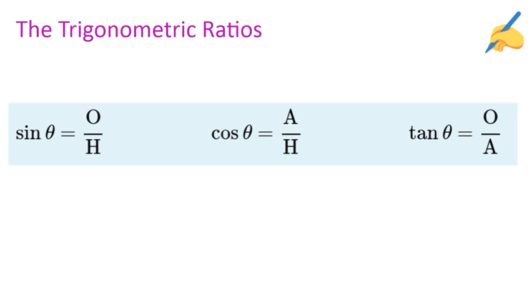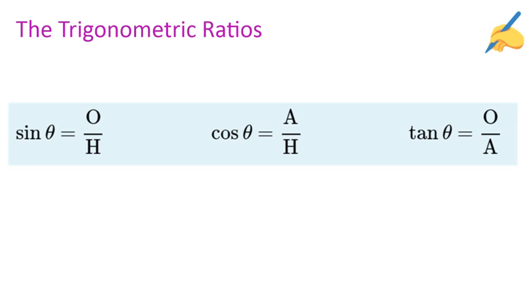Throughout this topic, we will use the trig ratios. These are as follows: sine, which is opposite over hypotenuse, cos, which is adjacent over hypotenuse, and tan, which is opposite over adjacent.